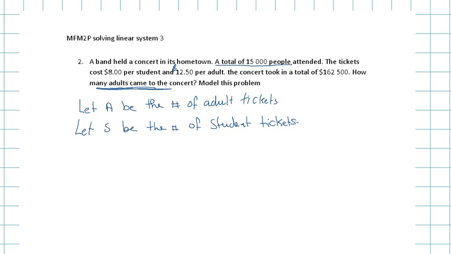The question is saying that a total of 15,000 people attended. So let's look at this. There's 10 students in this class. There's females and males. I have a total of 10 students in the class. How would I write the equation for that?